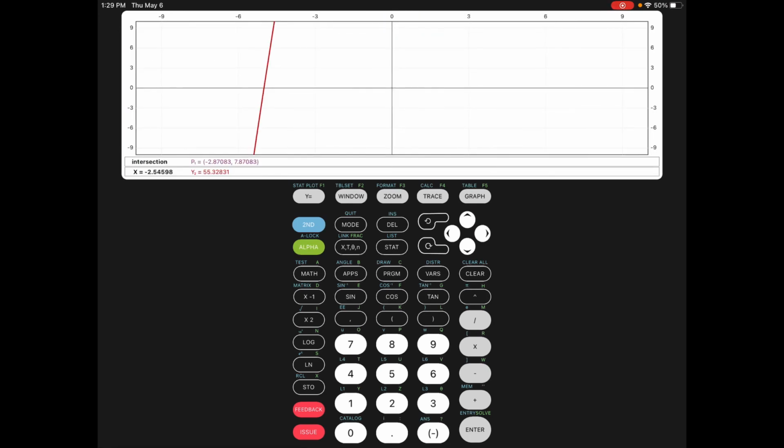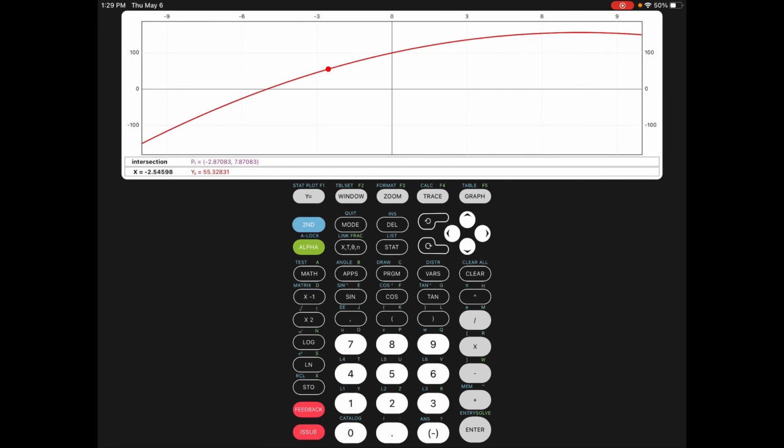And when we graph, right away I'm going to do a zoom fit. I definitely cannot see much, so I can do a zoom fit to get a start.